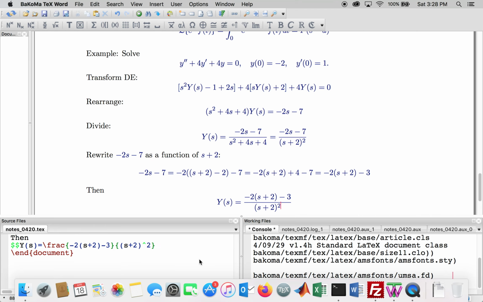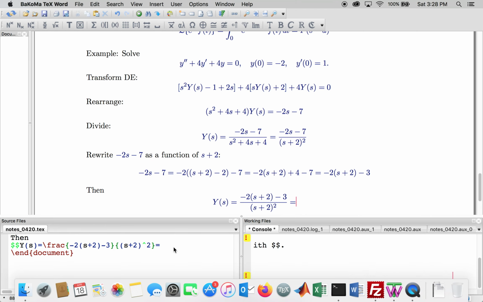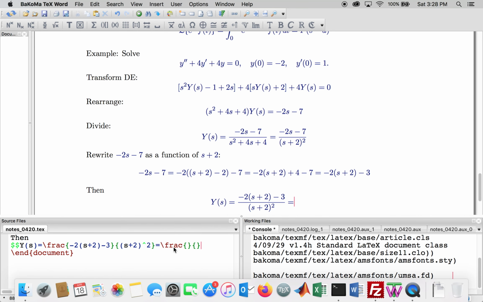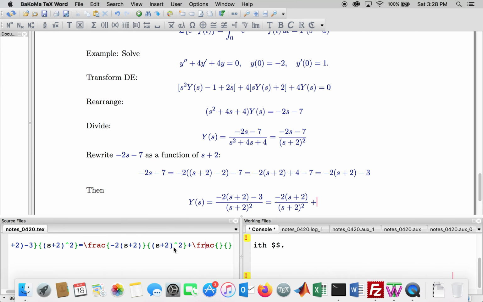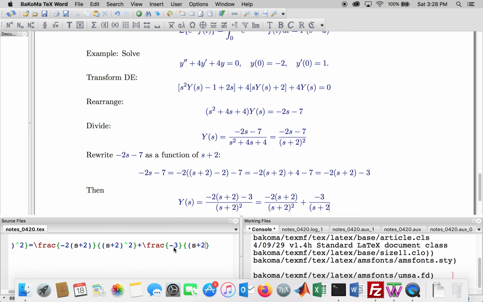And now what I will do is break this up into two fractions. All right, so for the first fraction, I'll have minus 2 times s plus 2, and then I'll have s plus 2 squared down below. And then the other fraction will have minus 3 up top, and then s plus 2 squared below.